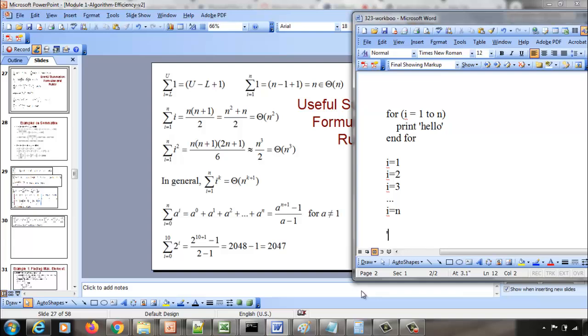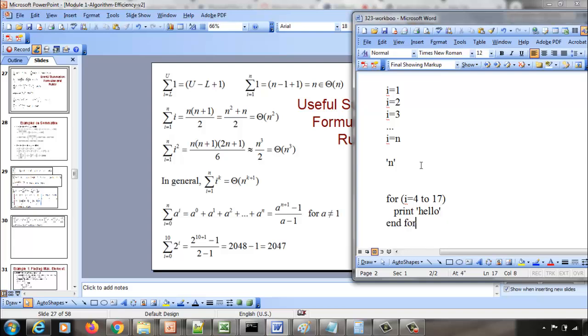You may say the answer is simply n, right? But if you try to make things a little more interesting, like i equals 4 to 17, print hello.